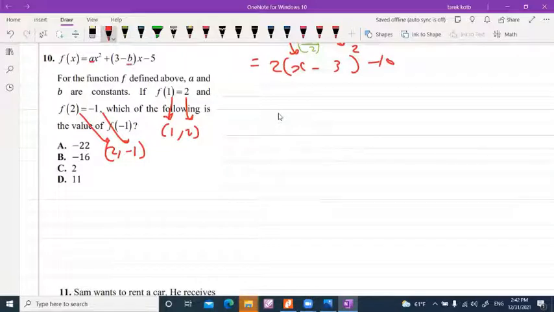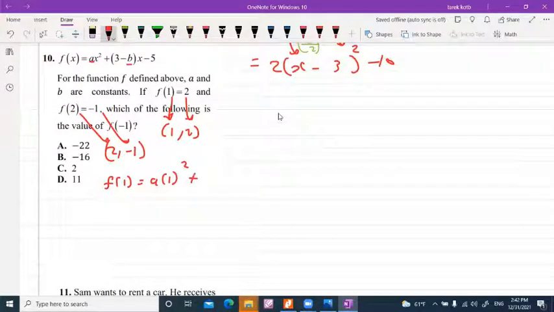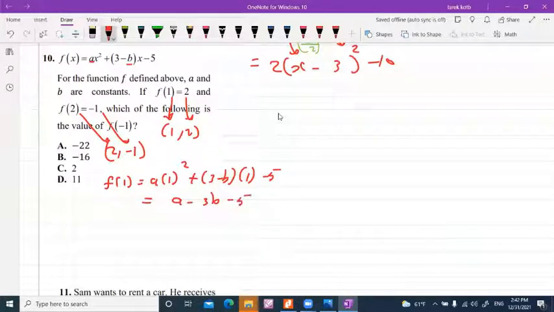So if you substitute the first one, that means f(1), put x equals 1. I will get y. It will be a times 1 power 2 plus 3 minus b times 1 minus 5, which is a plus 3 minus b minus 5.